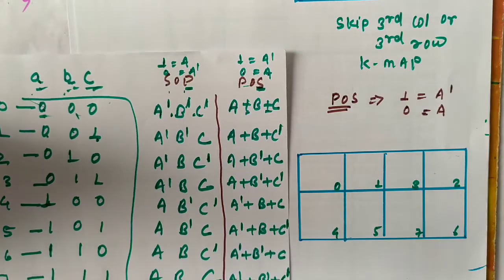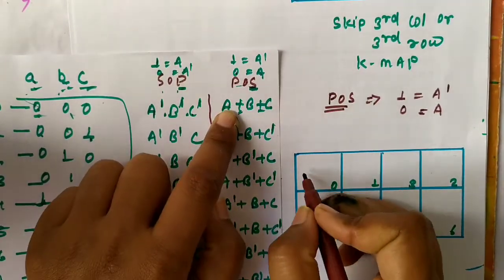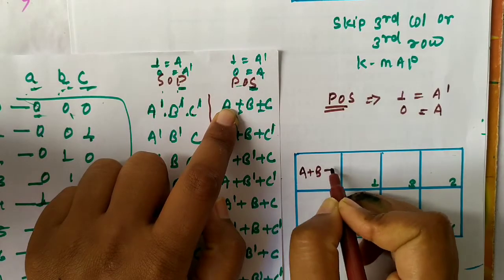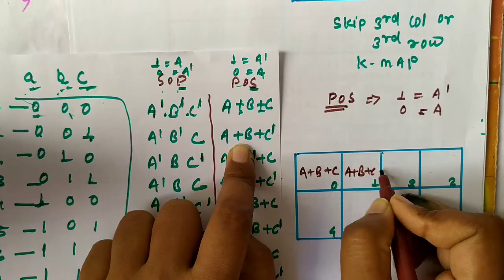So next we write the expression. The expression of 0, that means a plus b plus c. Expression of 1, that means a plus b plus c dash.